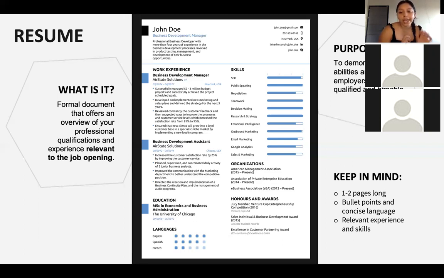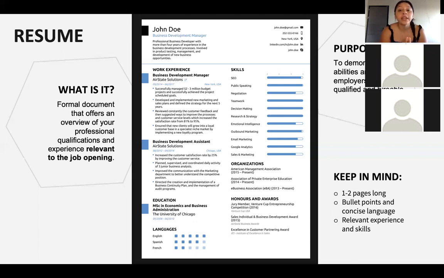Yeah, and then, as you can see here, it's done in bullet points. It's not full paragraphs. It's just 1 or 2 sentences per bullet point, with concise language. So it's not like writing a whole paragraph explaining it. It's more going straight to the point.